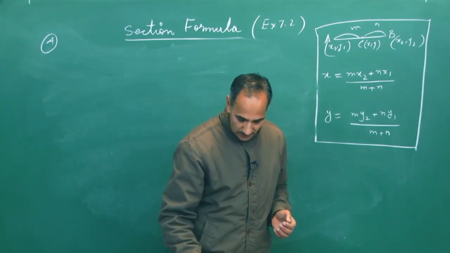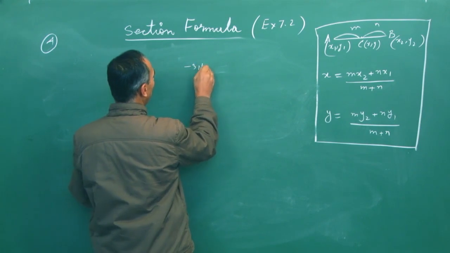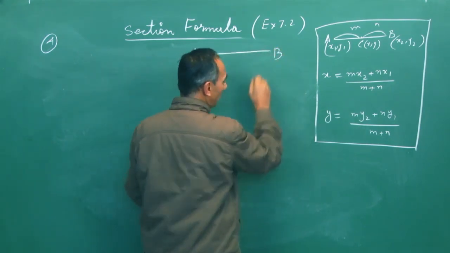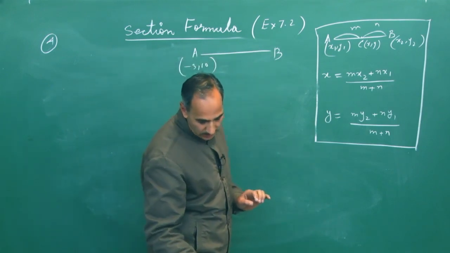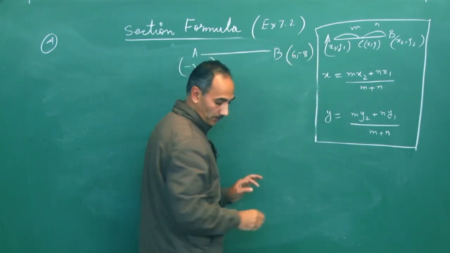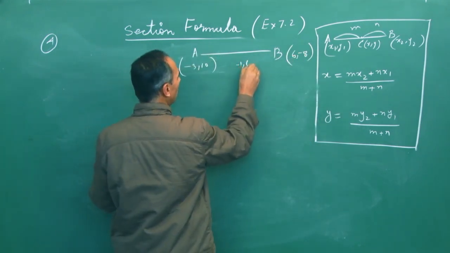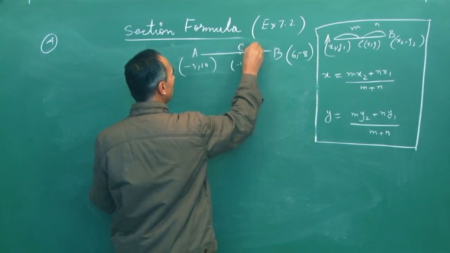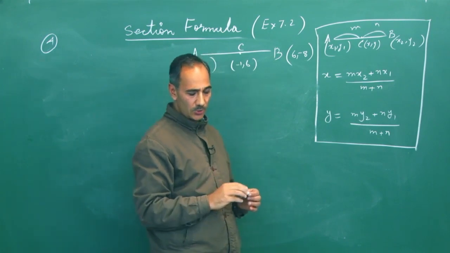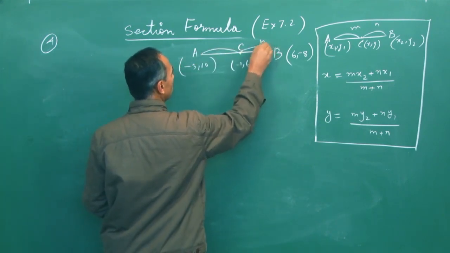Find the ratio in which the line segment joining -3, 10, this is my A, and what is my B? 6, -8, this is my B, is divided by a point C whose coordinates are -1, 6, this is point C. What's the ratio? We don't know the exact location of C. So I will take the ratio as m:n.